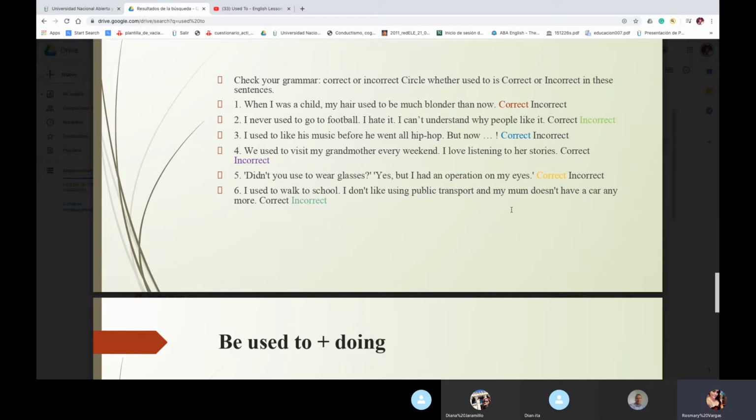Is that a correct or incorrect sentence? Yes, it's correct, I think.